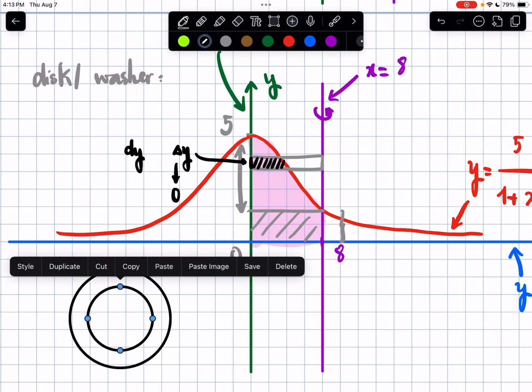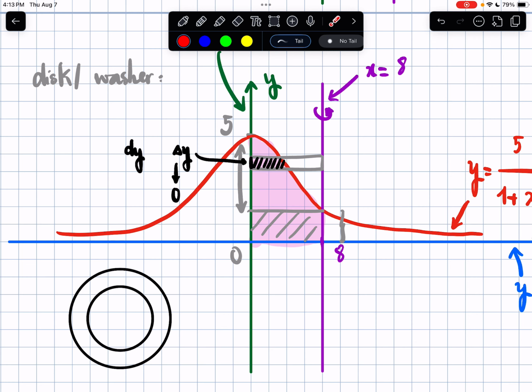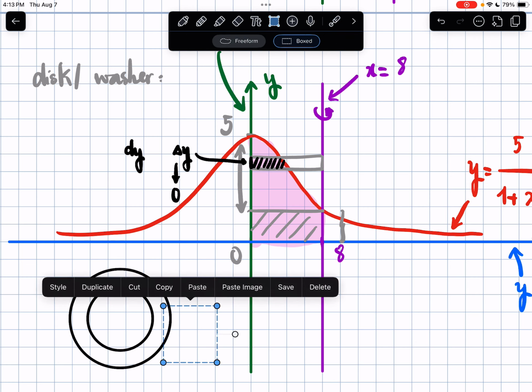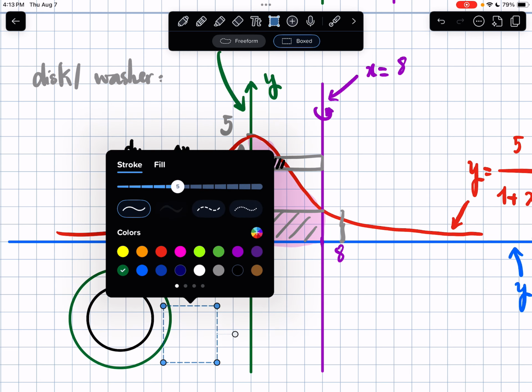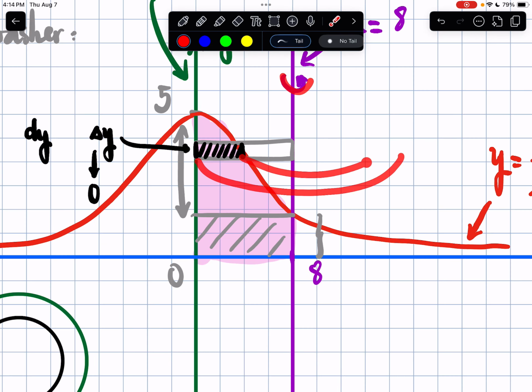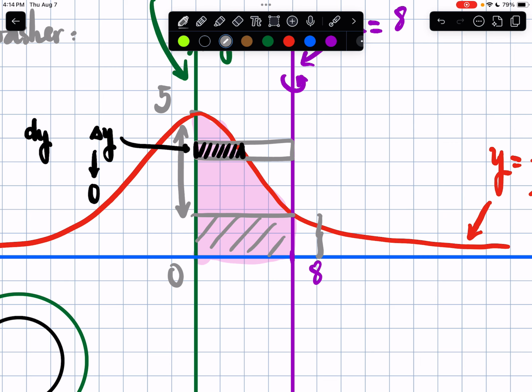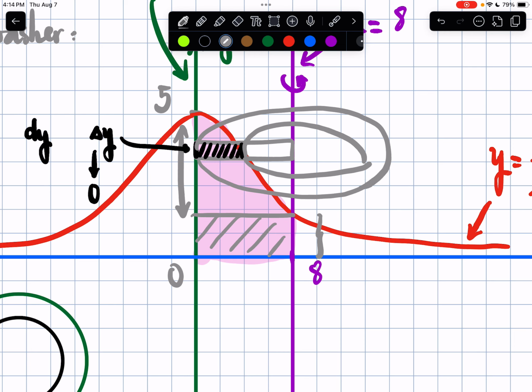The outer circle comes from this green curve, and the inner circle comes from this red curve. By revolving this piece about x equals 8, we obtain this washer.